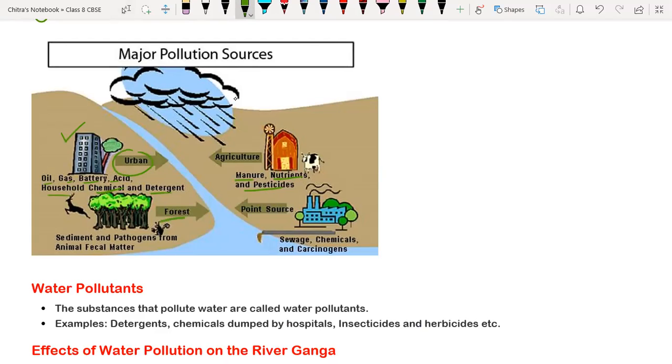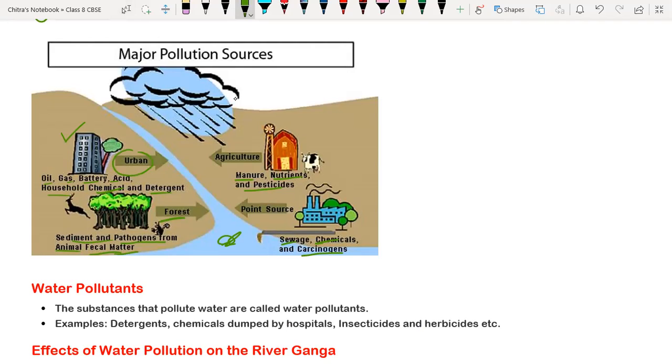Forest: sedimentation and pathogens from animal and fecal matter get mixed with water, and by runoff the water mixes with the water bodies and also pollutes the water. Then the discharge from industries like sewage, chemicals, and carcinogens is directly released into the water body and causes pollution.